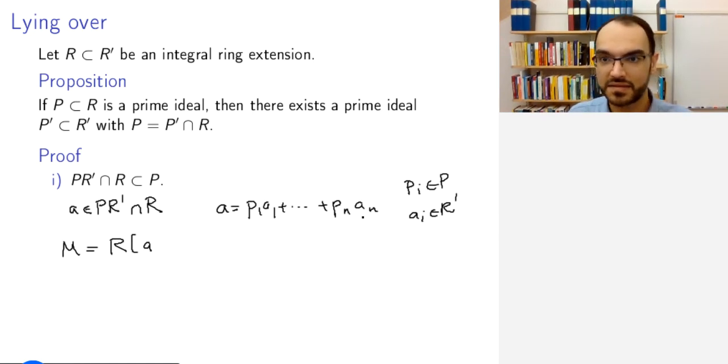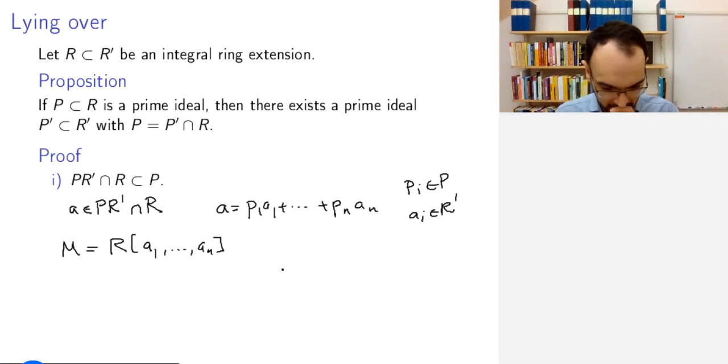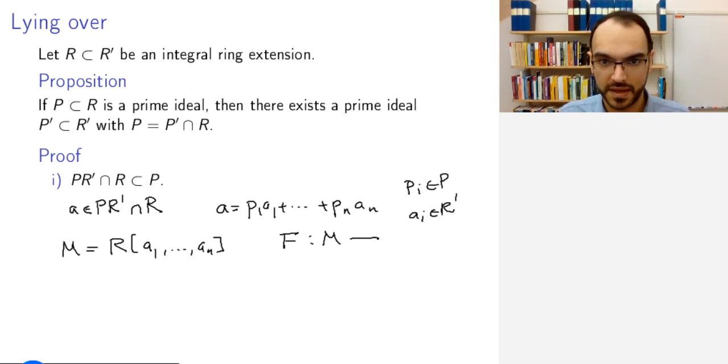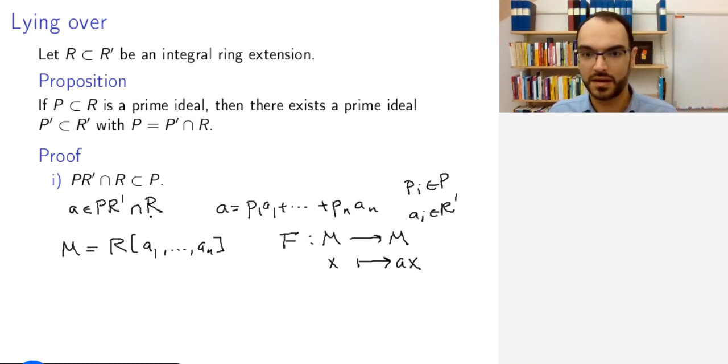And these will be integral elements, so this will be a finite ring extension. Okay? And now we consider, as usual, our favorite map from M to M that maps an element x to A times x, where A is the element inside PR prime intersect R that we chose.